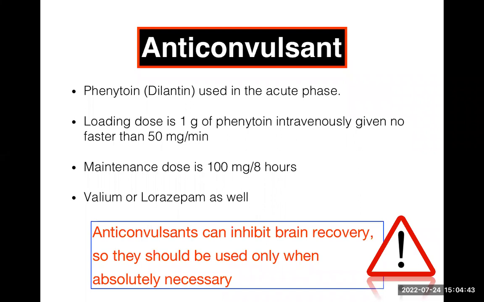Normally we use phenytoin or sodium valproate, commonly used in the acute phase. The loading dose is 1 gram in a normal 50 to 70 kilo patient, given intravenously not faster than 50 milligram per minute, and the maintenance dose is 100 milligram 8-hourly or TDS. We can use Valium or lorazepam as well. Anticonvulsants can inhibit brain recovery, so they should be used only when absolutely necessary.